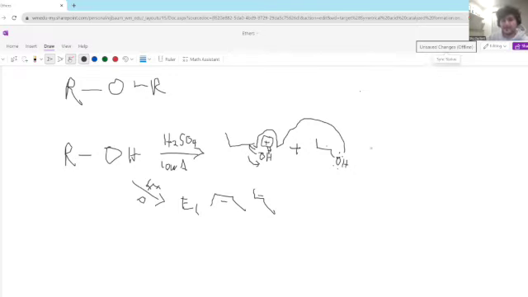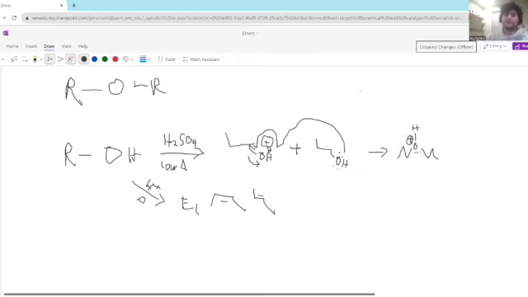So what you end up getting is almost an ether. It is almost there. It just has this hydrogen atom right here, which is giving it a positive charge.